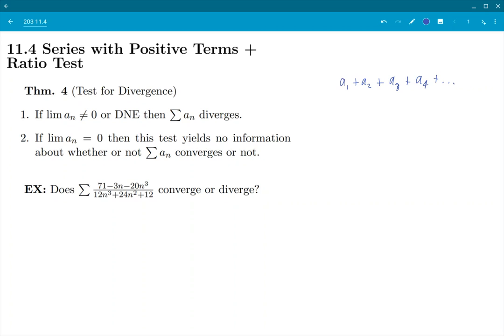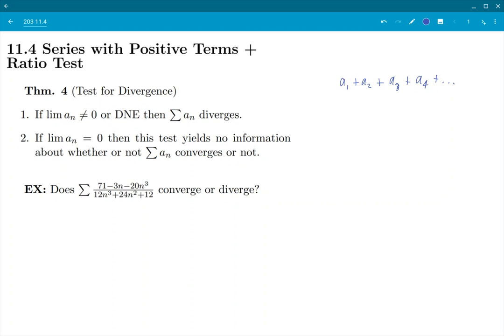Now, if these terms are not getting smaller and smaller, how can you hope for the overall sum to actually equal a real number? Well, you cannot hope. That's what the theorem is saying.